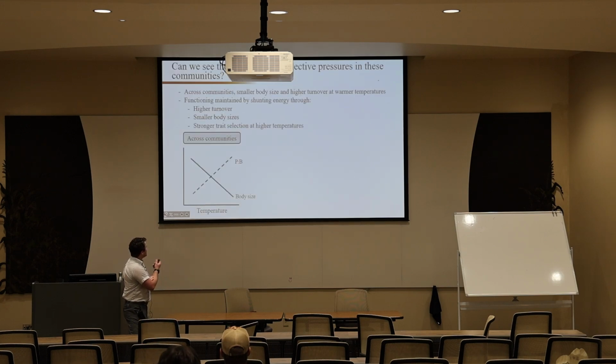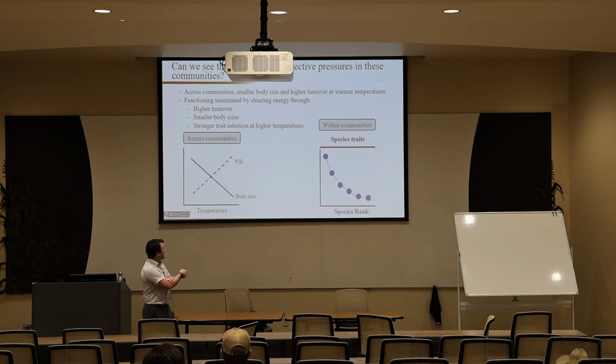And so this should have distinct imprints on the communities and the traits that we see in them. We're going to look really quickly at a few traits, specifically thinking about how warmer systems should have lower body sizes and higher production to biomass ratios, at least across systems, and that we should see some stronger trait selection at warmer temperatures. In order to look at that within a system, we can look at how, within communities, species traits relate to the ranking of energy use within a species.